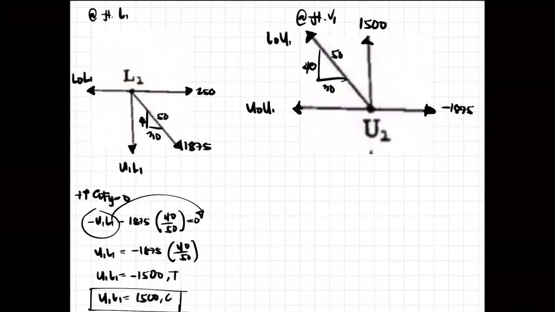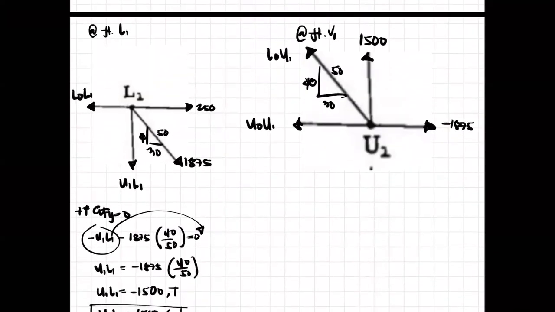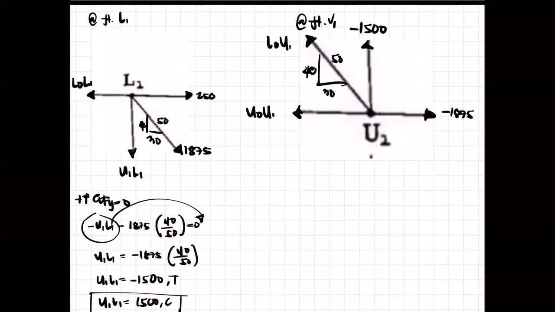Okay, so tension U1 L1 is negative. Para clear lang tayo. Okay? Summation forces Y is equal to 0. Going up is positive. We have negative 1.5 and then positive 40 over 50 LOU1 is equal to 0.